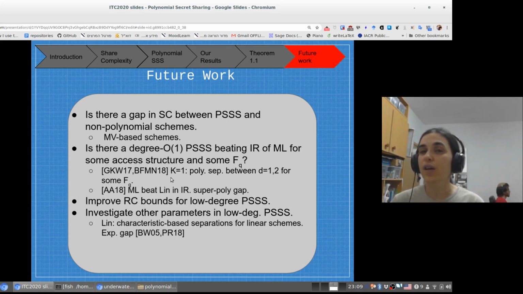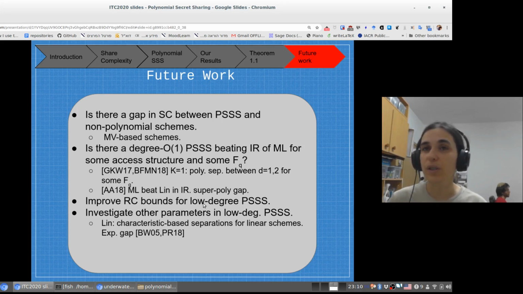So for k equals 1 and for some fields, separation is known. But it's not clear what happens for larger values of k. In particular, there are some results from the literature showing that multilinear schemes can be super polynomially stronger in terms of share complexity than linear schemes when we look at information rate.